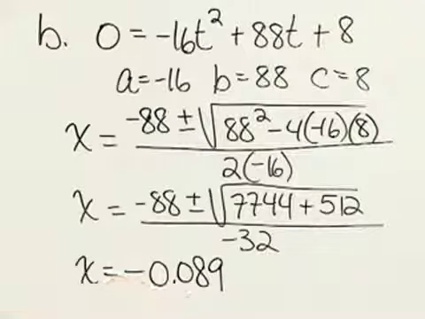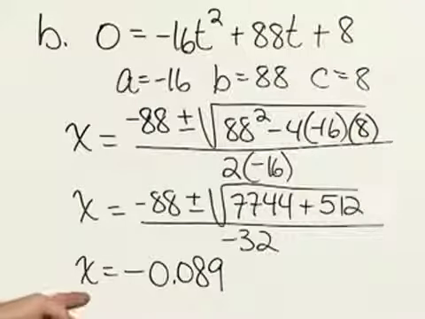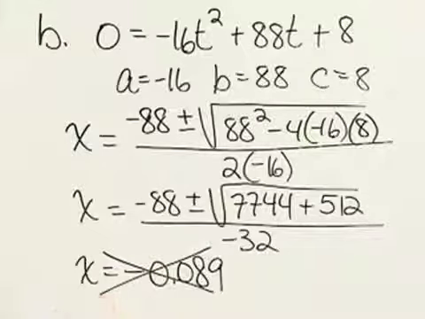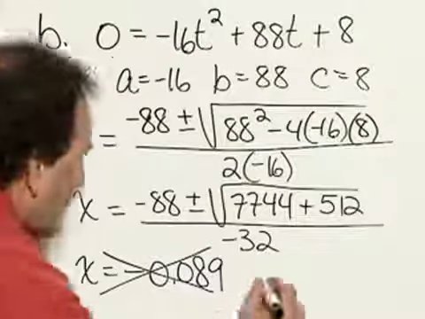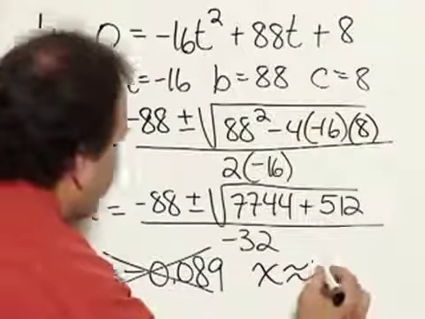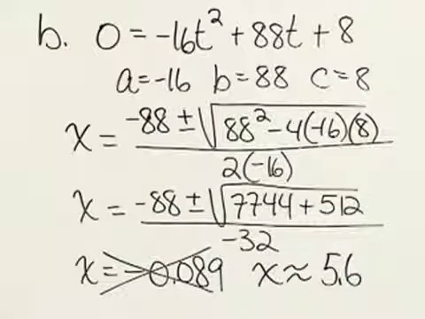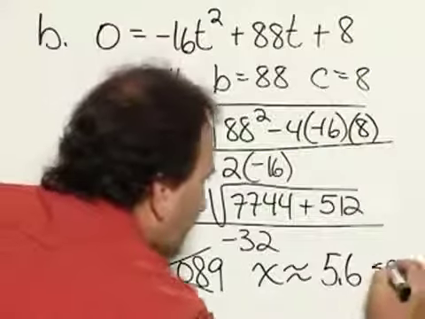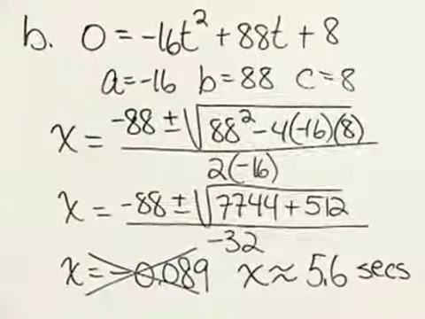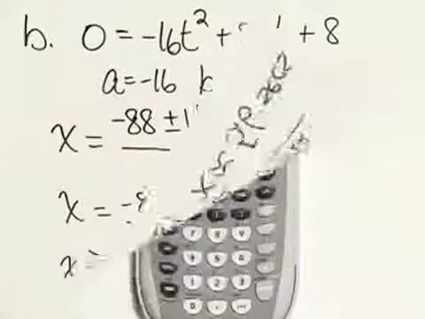Well, that refers to, when we're solving for x, actually a time. And so therefore, a time that's negative does not make sense. The other value of x that we get, x is approximately equal to 5.6. And what that means is after 5.6 seconds, this stone would hit the ground.